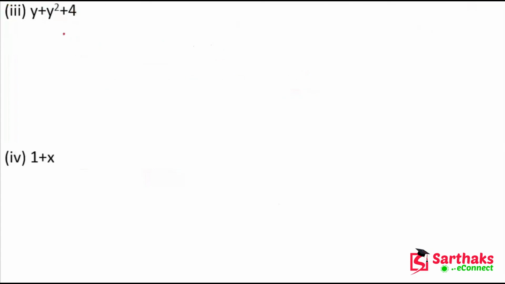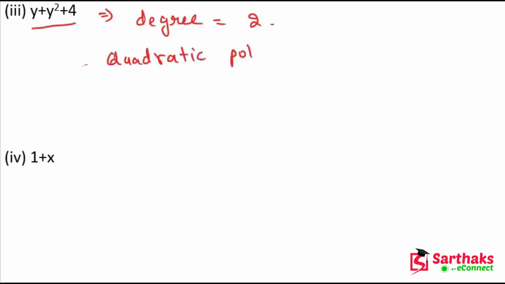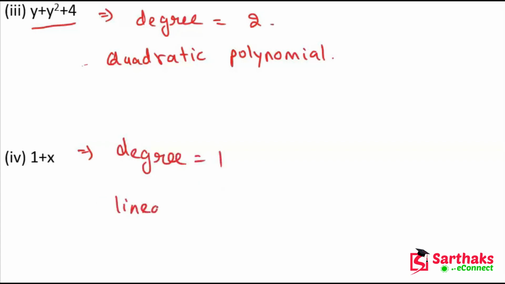So if you talk about this polynomial, this is the degree of the second polynomial. Okay, so we can say that this is quadratic polynomial. In this, degree is 1. So this is linear polynomial. Okay, so my dear friends, I hope you understand these things.